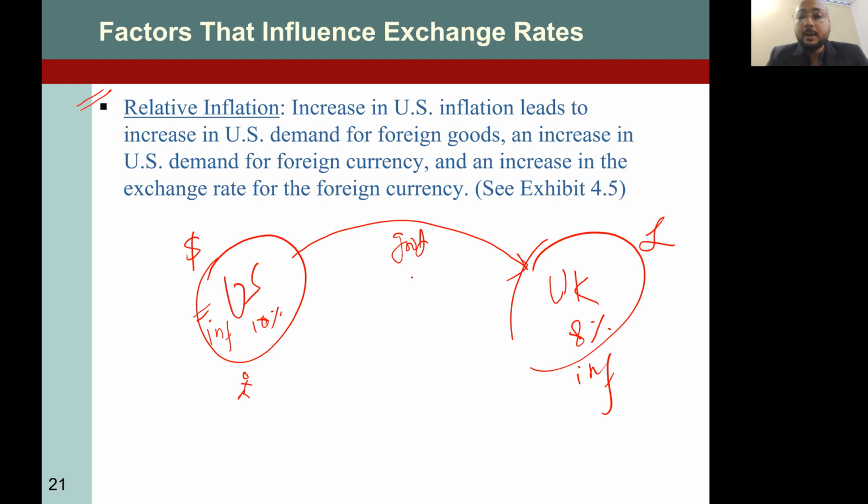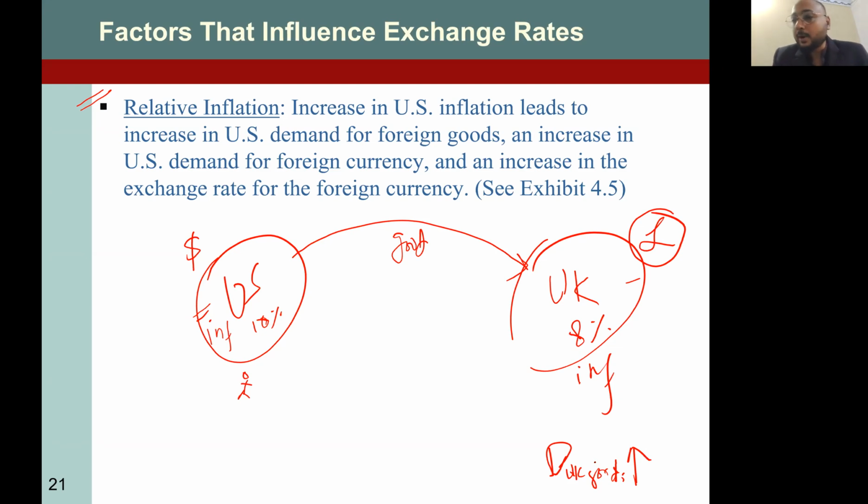So what happened? Demand for UK goods, right? UK products. But the UK seller will be dealing with you in pounds, not in dollars.